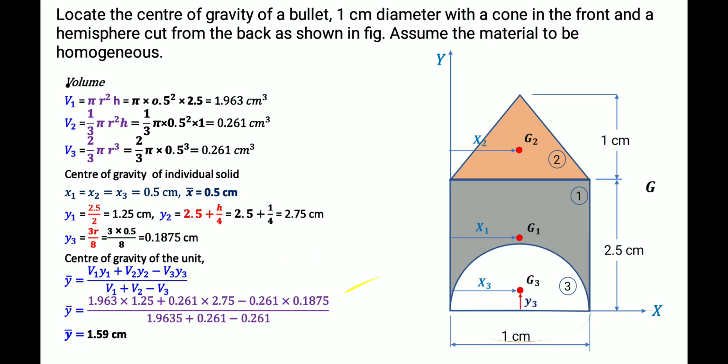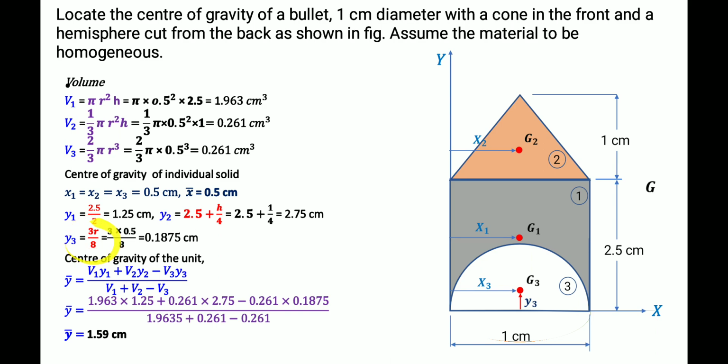First we will find the y3 value. y3 means the vertical distance of G3 from x. From the formula we know that the y3 value is 3r by 8. So this is the center of gravity point of the hemisphere.